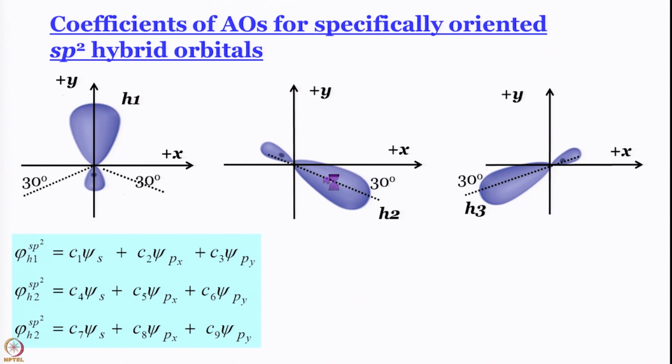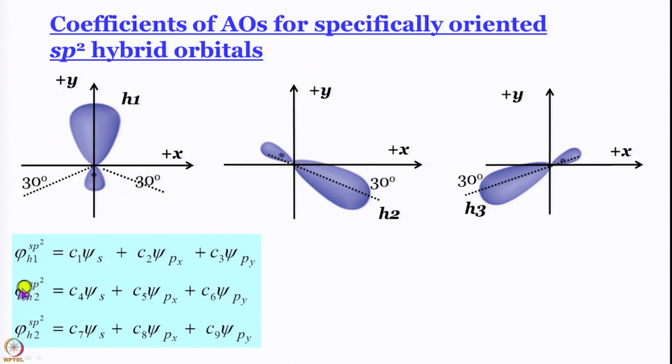So, let us say that we work in a situation where the first hybrid orbital is aligned with the y axis. The advantage of doing this is that your coefficient of this Py is going to become 0 for the first hybrid orbital. So, C3 will be 0. First of all, I have written a general expression for the hybrid orbital.